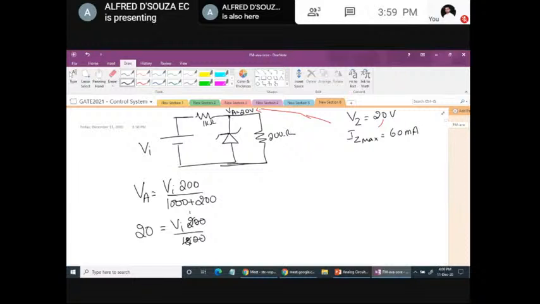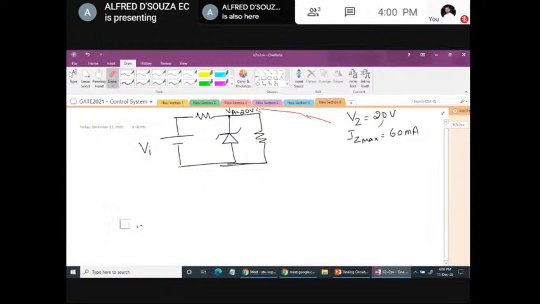Sorry, I made a mistake. I made a mistake in the question also while reading. This side is 1000, this is 200. So VA is VI into 1000 by 1200.